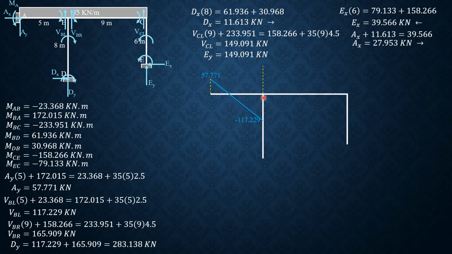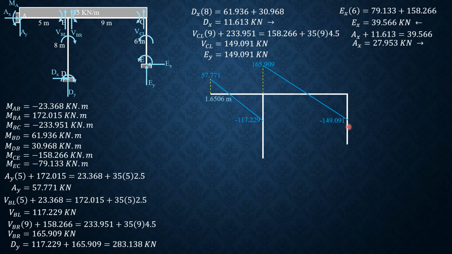Or you may get this distance by similar triangles. Then for BC, we have shear at B just to the right, which is 165.909. Then minus 35 times 9, we have the same shape of curve. And it is equal to negative 149.091. It is shear at C just to the left. So it checks.